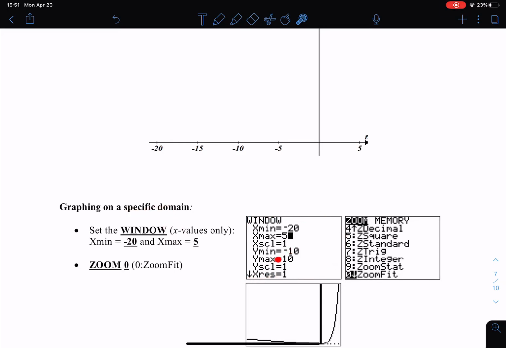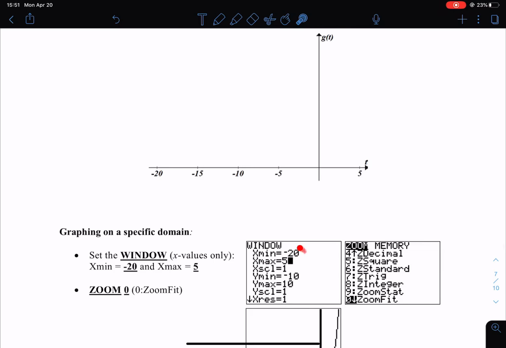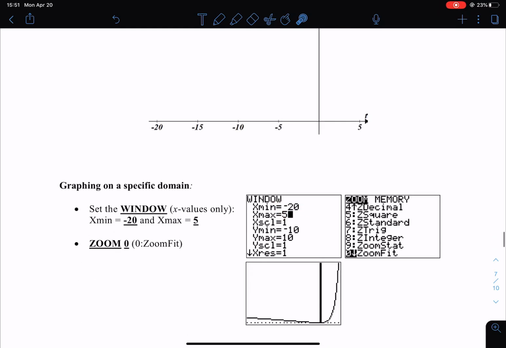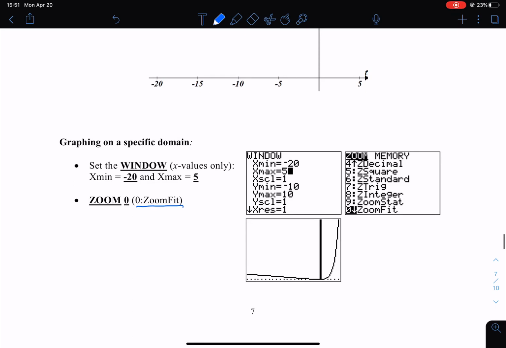Do not change the y value, only change the x value. Our domain is from -20 to 5, so set x minimum to -20 and x maximum to 5. And then we use zoom 0, that is zoom fit. 0 just means fit, zoom fit. Then you can see this is the function graph from -20 to 5.